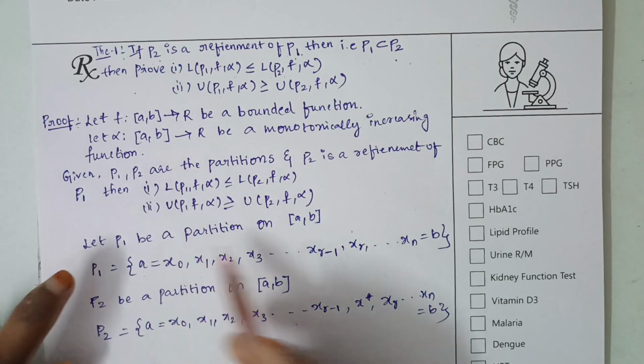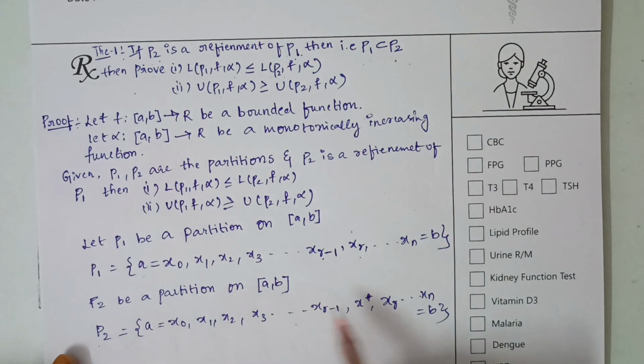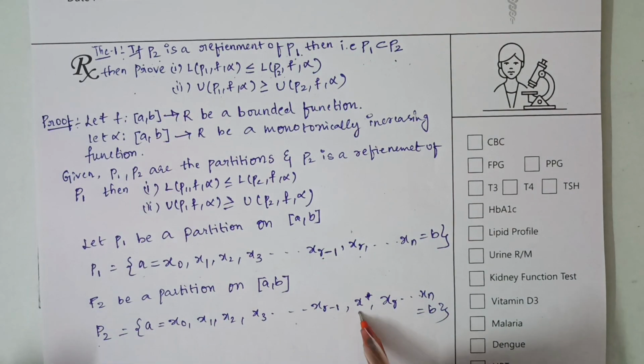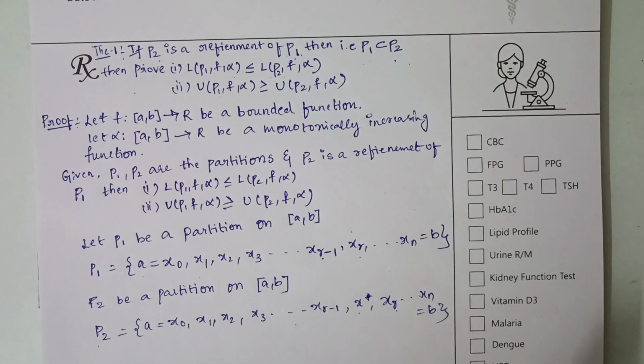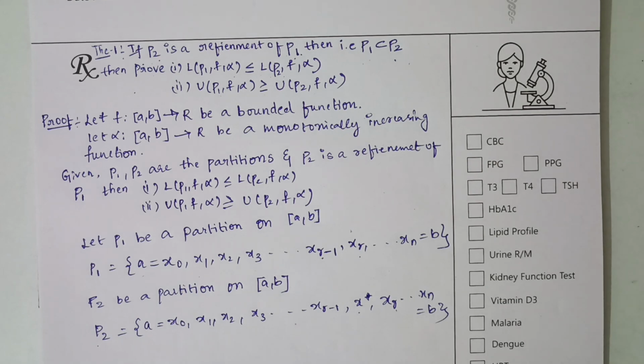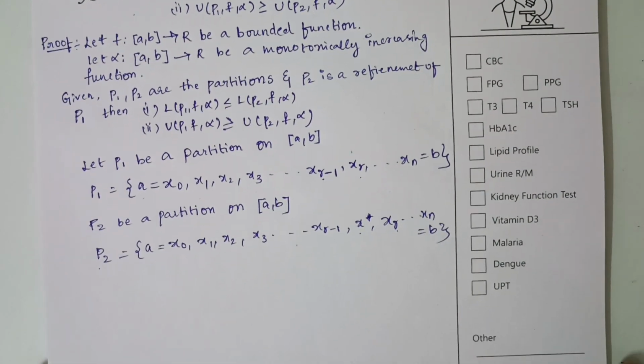Here in P1 we get only xr minus 1 and xr, but in the P2 partition we get xr minus 1, x star, xr and xn. Is it clear up till now? And then we will go into the next steps.